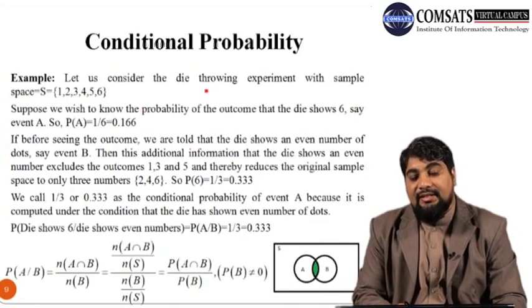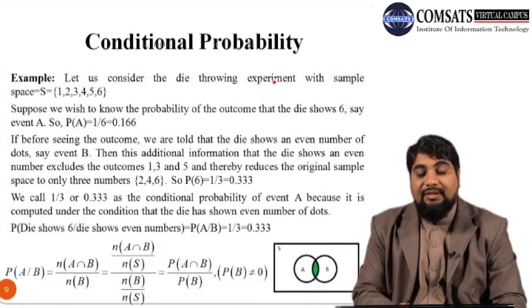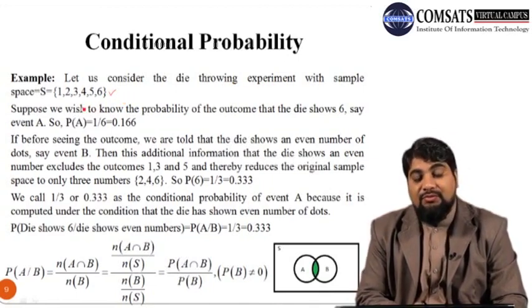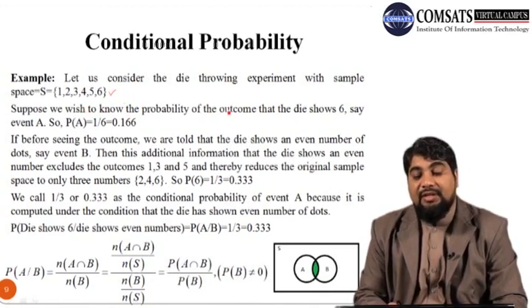Let us consider the die throwing experiment. Here the sample space is 1, 2, 3, 4, 5, 6. Suppose we wish to know the probability of the outcome that the die shows a 6.